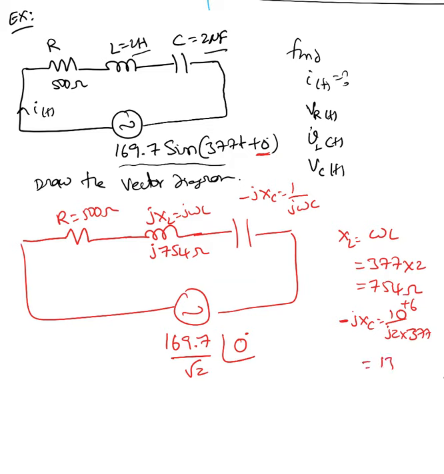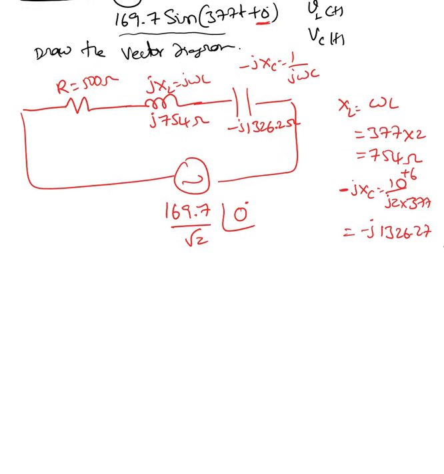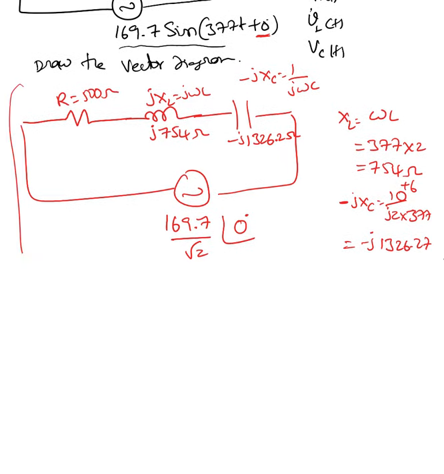You will end up with 1326.27, minus j 1326.2 ohm. Now this circuit is called a frequency domain circuit.